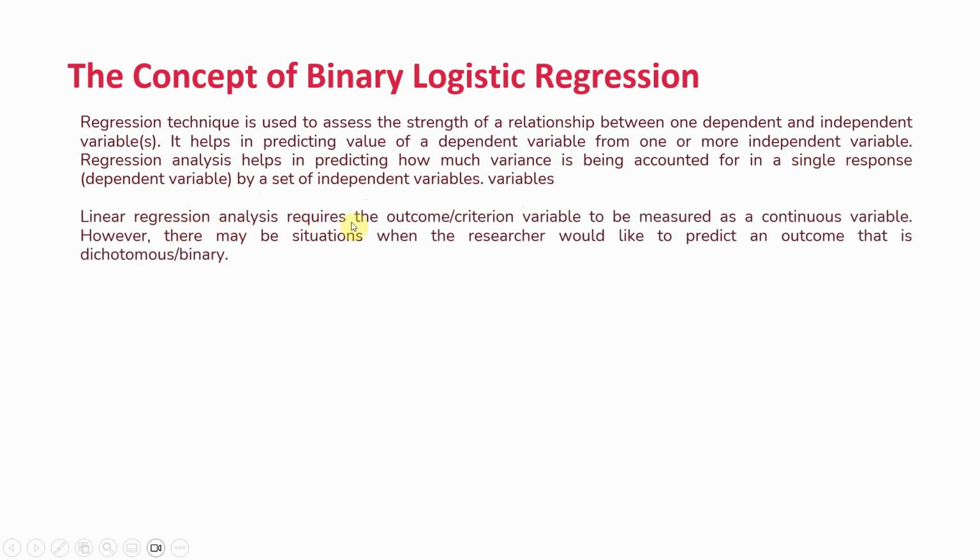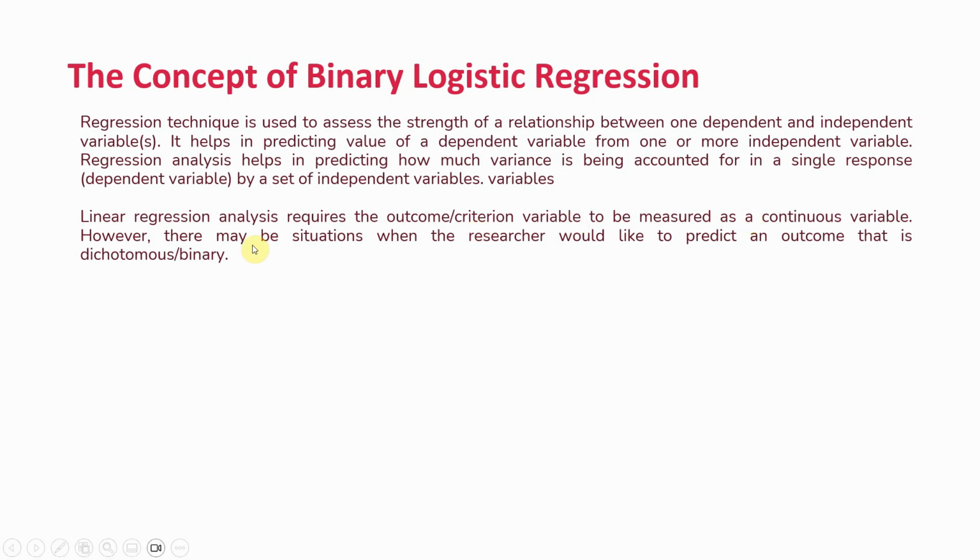Linear regression analysis requires the outcome or criterion variable to be measured as a continuous variable. This is what we saw in our last session, where we looked into how we can use regression analysis to predict an outcome that is continuous.